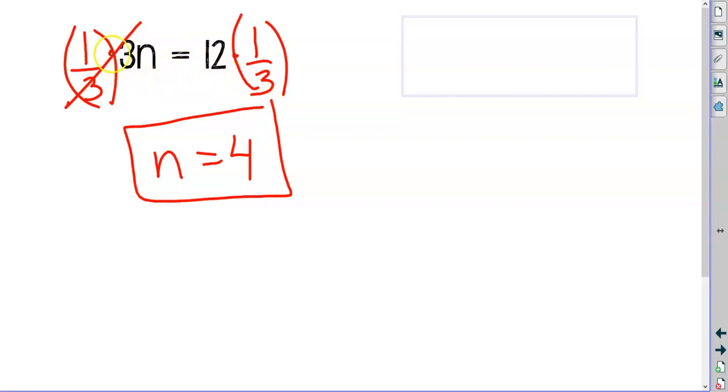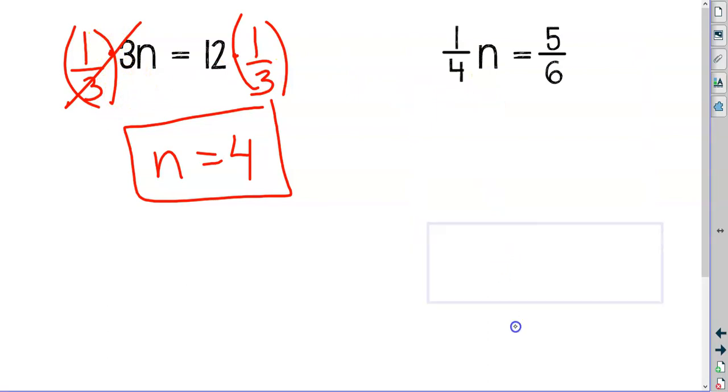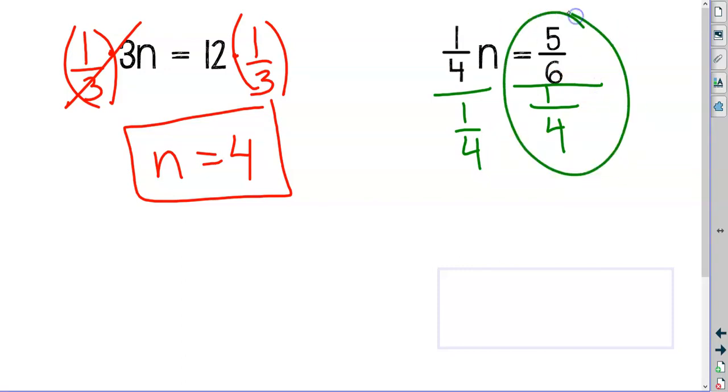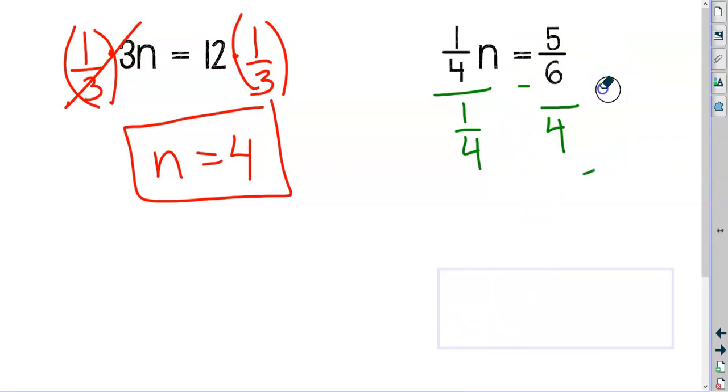So why did I go through the hassle of multiplying by the reciprocal? Well, if we take a look at this example over here, we typically don't divide fractions by other fractions. Right? This is called a complex fraction. And although your calculator can clearly do this without any help from you, it doesn't really show any understanding on your part. So we don't divide fractions, but we multiply by their reciprocal.